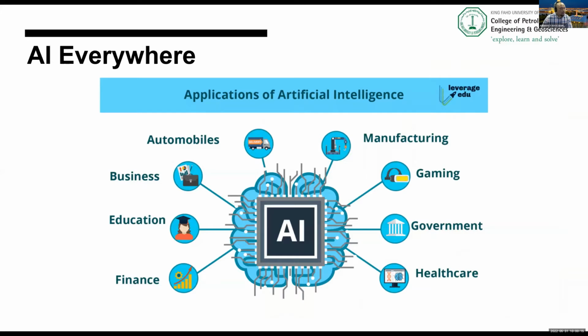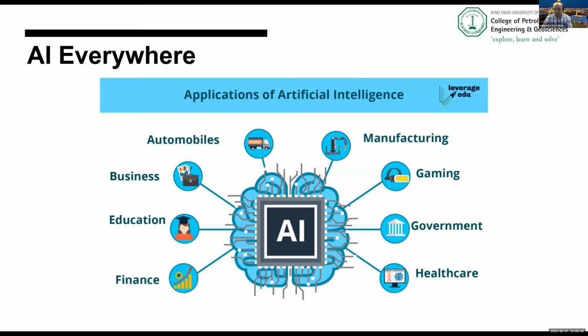As I mentioned, we have AI everywhere. You can name it in many different areas: businesses, education, finance, healthcare, government, even gaming. One thing that's quite interesting is automobiles, where they try to create self-driving cars, right? And this is where many major developments of AI have been focusing, right?